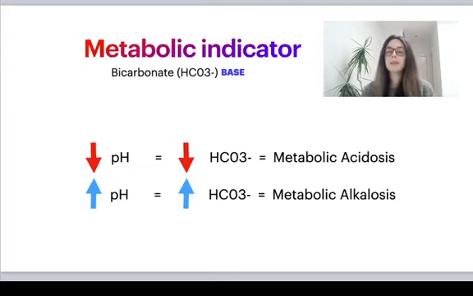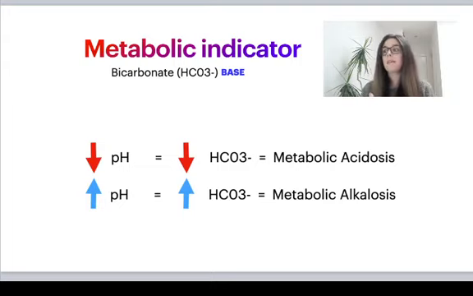So let's look at metabolic first. Our biggest indicator that we have a metabolic process going on is that we look at the pH and we look at the bicarb, and both will be trending together. With a metabolic acidosis, we'll have a low pH, going down into the low range of our pH table, and our bicarb will follow it.